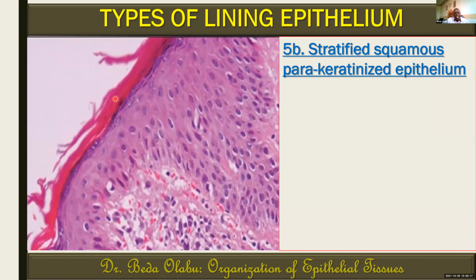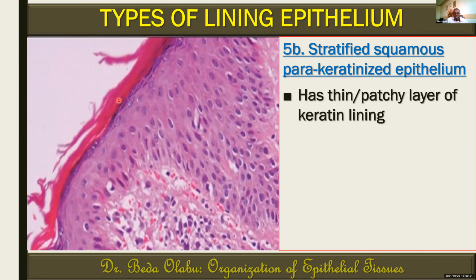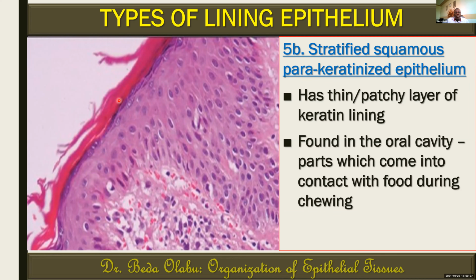That keratin layer that is thin may sometimes even be patchy, which means that some parts may not actually have the keratin lining. This epithelium is unique to the oral cavity, and it's not all the parts of the oral cavity. It is unique to the parts of the oral cavity that comes to contact with food when you're chewing.